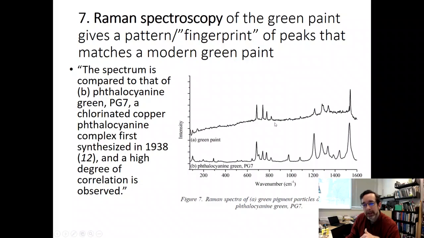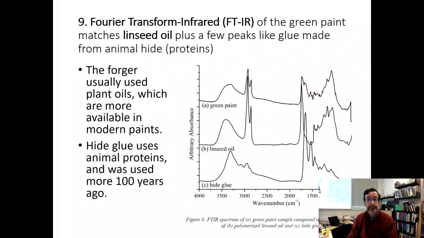What they mean to say is the shapes are the same. Look at how the same peaks show up in the same place. It's not perfect. Look over here, maybe there's a little bit less of a match. But that could be contextual as well. This is a pure sample. This is paint in the context of a painting. This is a pretty good match.